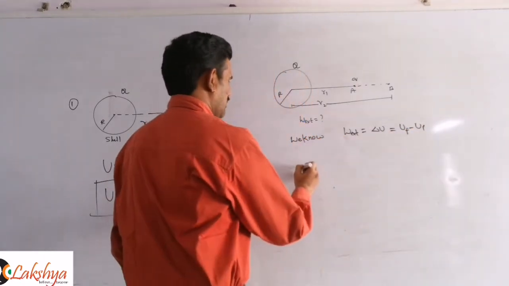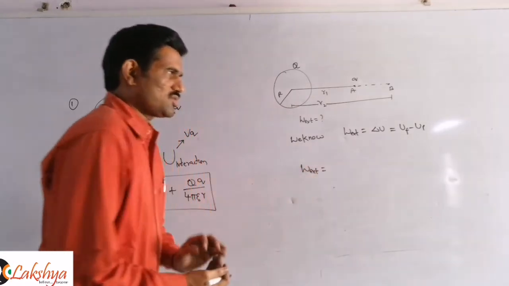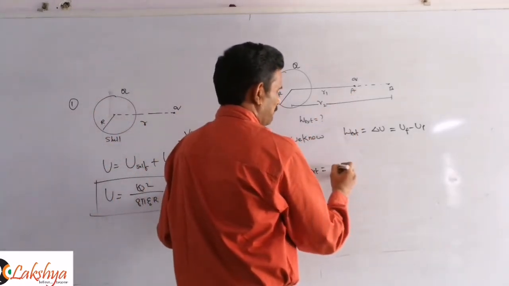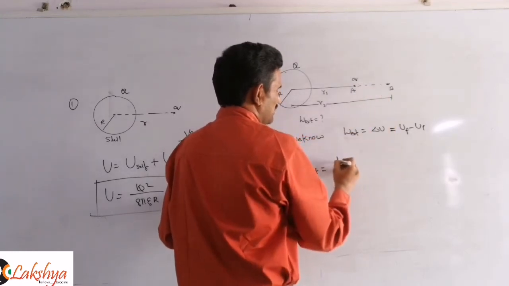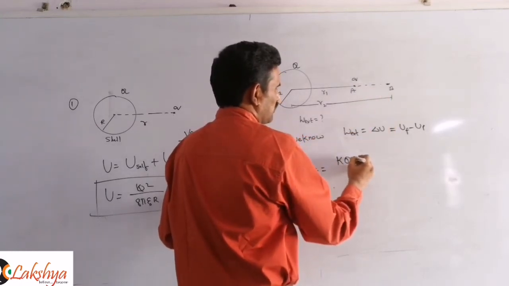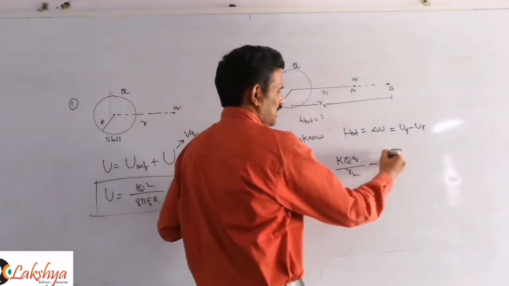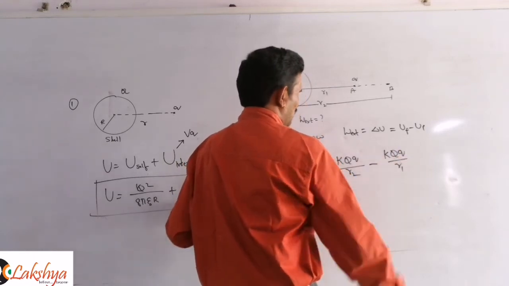So the final potential energy, when the charge is here, is K Q q by R2, minus the initial potential energy, K Q q by R1.